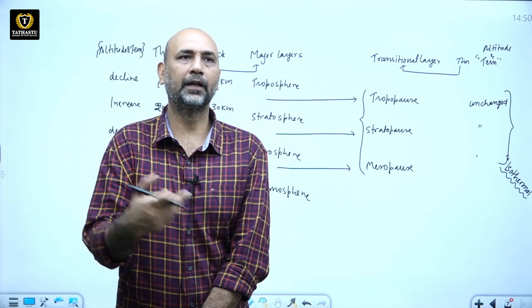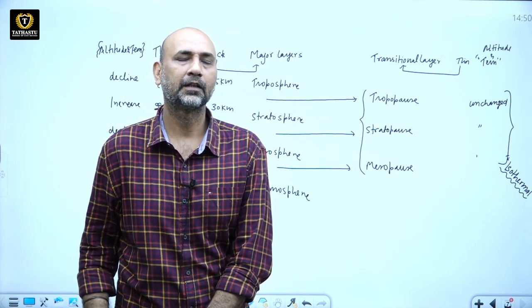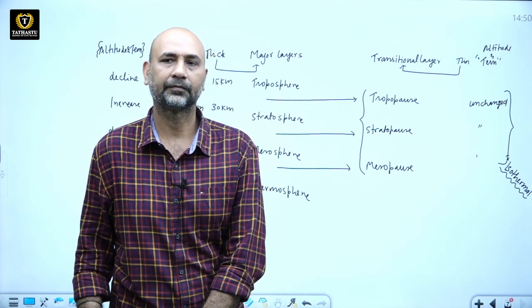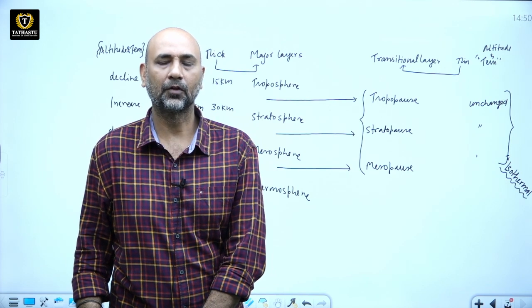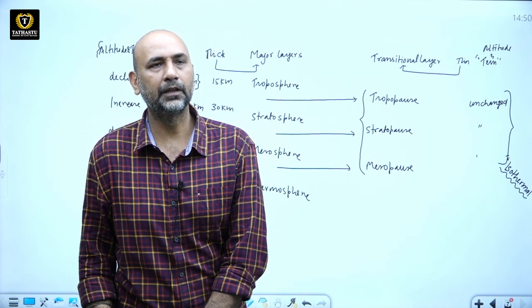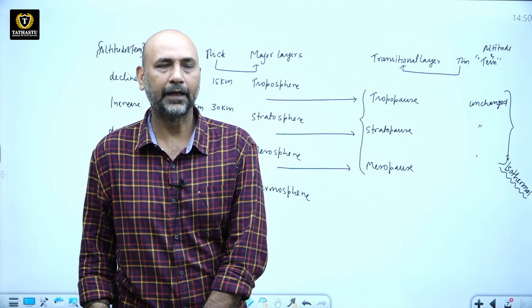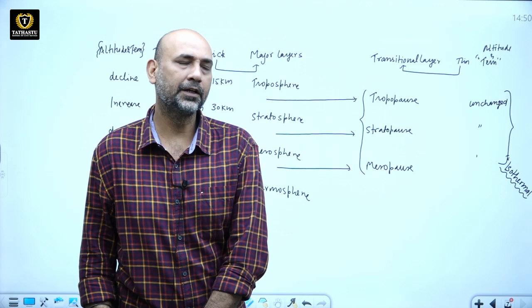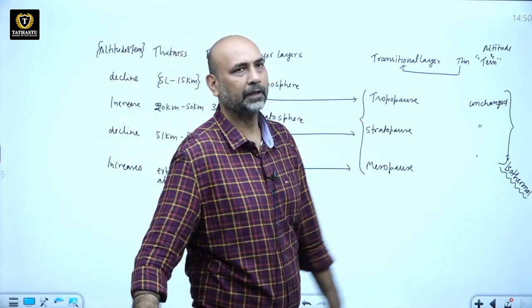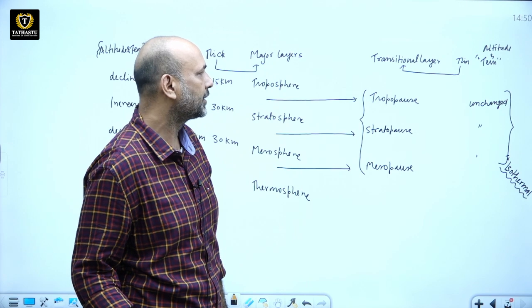In a geographical region, if the geographical phenomena are unchanged, that is called isotropic. So these thin layers, transitional between the thick major layers which have decline or increase in temperature with altitude, are isothermal in nature. Why are these isothermal, or why is temperature unchanged with altitude?